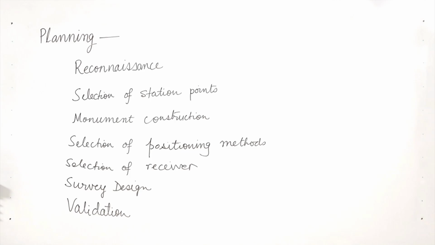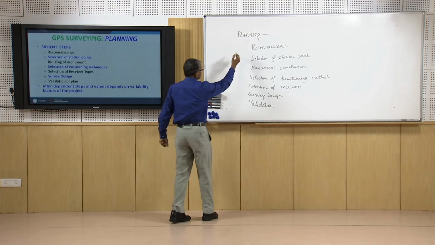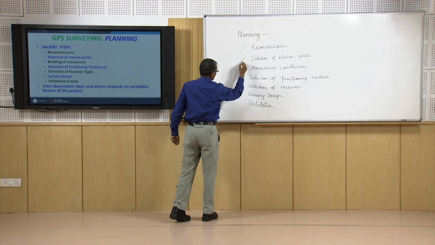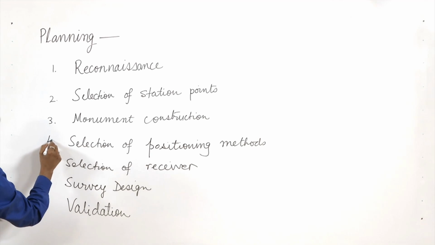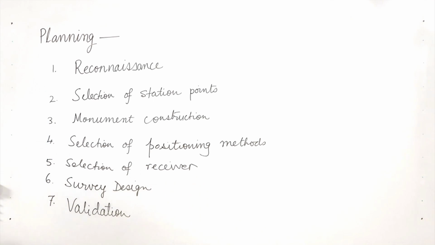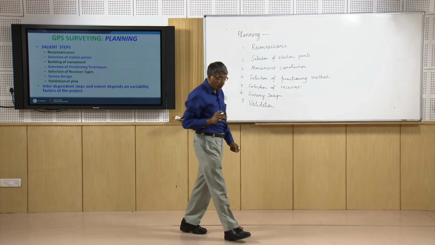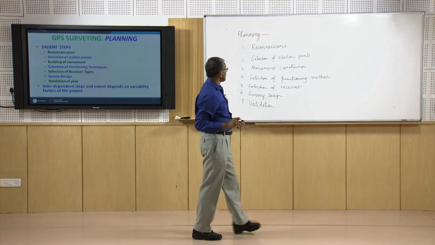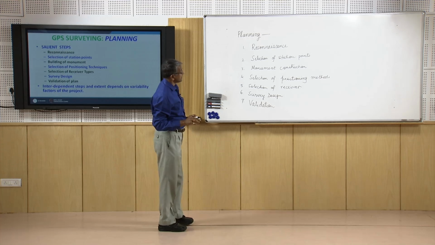So, these are the seven steps which we need to follow during planning operation.